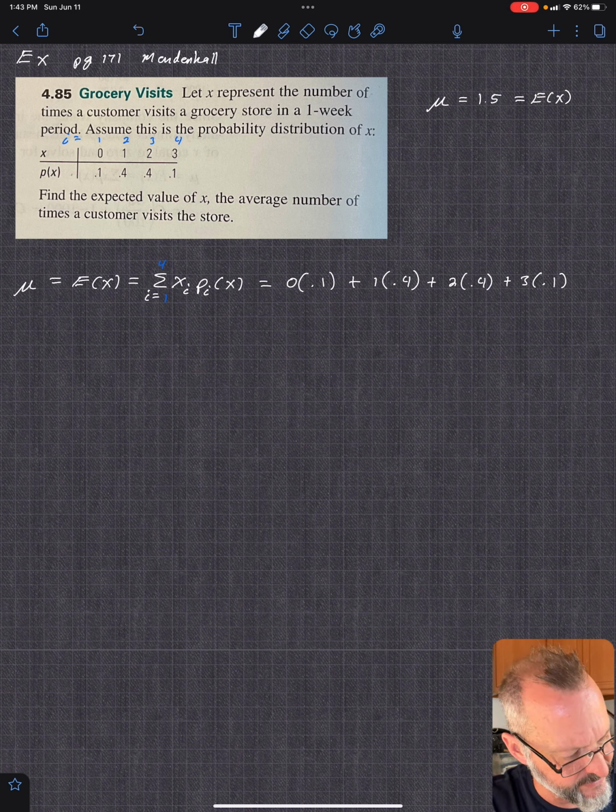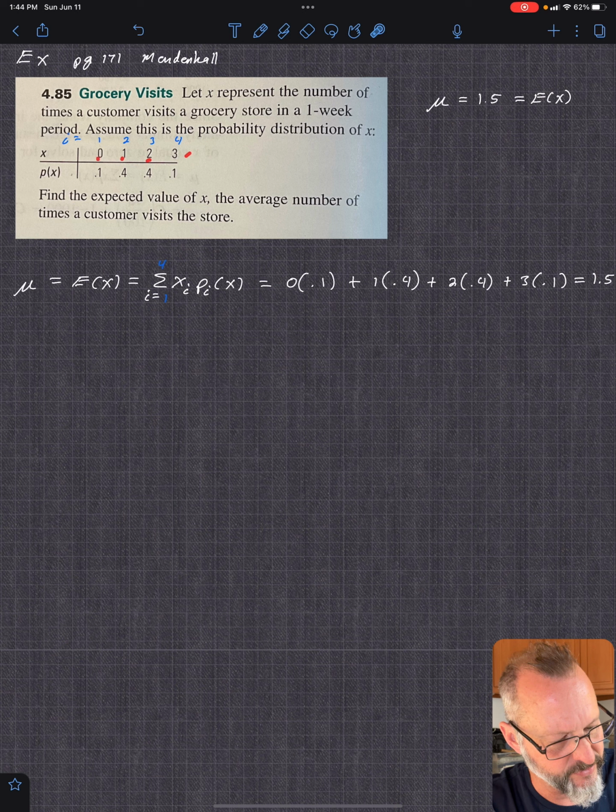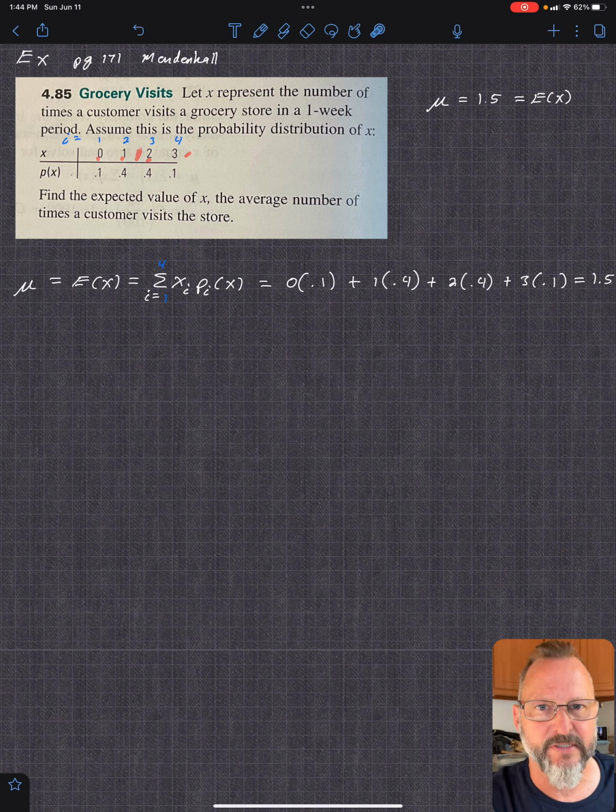Okay, so we calculate that, and you will see you get 1.5. So 0, 1, 2, 3, so it's got to be in the middle because it's a symmetric distribution. Okay, so that's what you get. You can check it if you'd like.